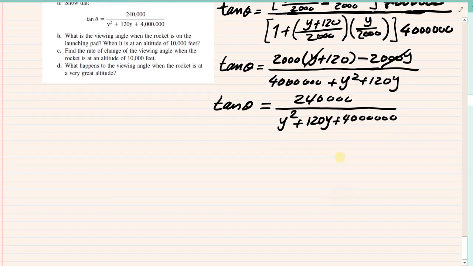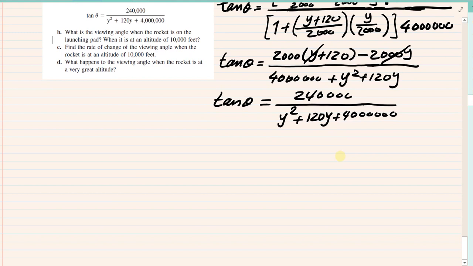Okay, and then in part B, the question goes, what is the viewing angle when the rocket is on the launching pad? Well, when the rocket is on the launching pad, the rocket is right in front of the spectator, right?